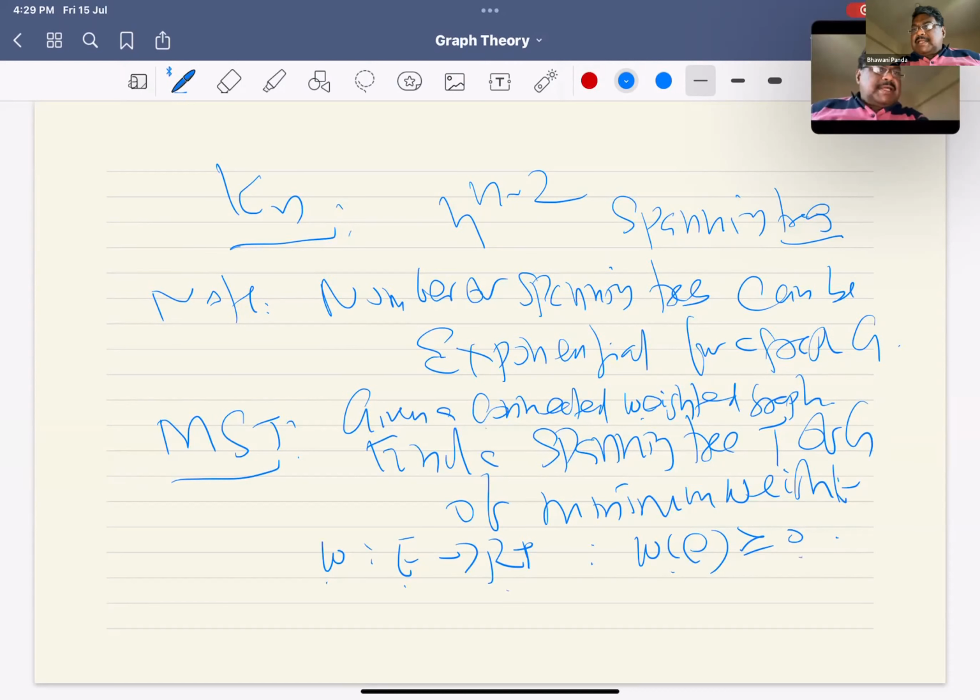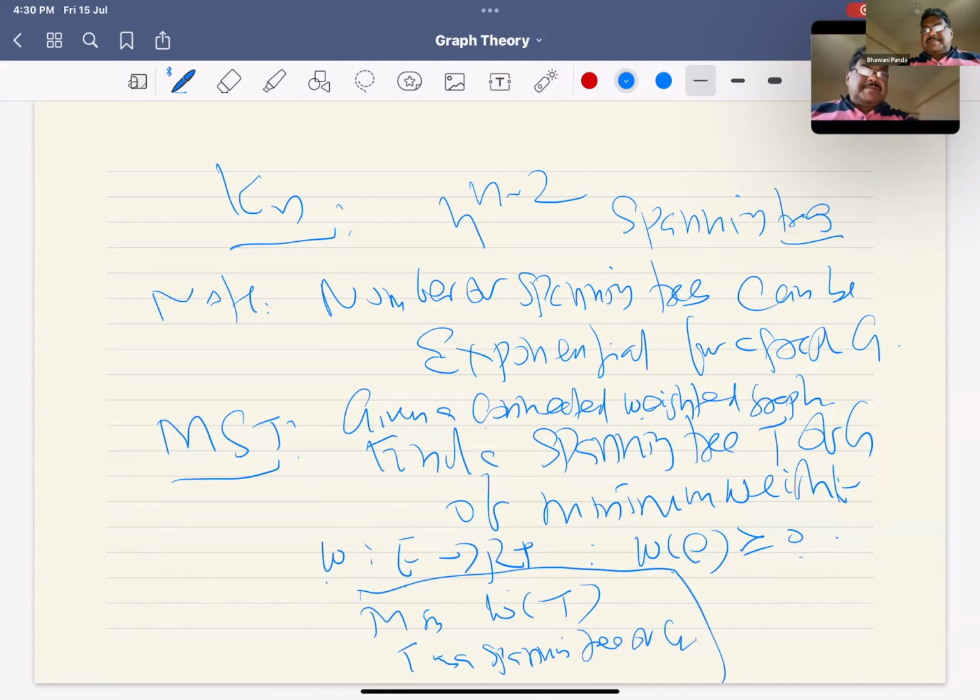Since the graph is connected, it has at least one spanning tree, and the number of spanning trees can be exponential. So you need to find a spanning tree T of minimum weight, that is, minimize w(T) over spanning trees T. This is the minimum spanning tree problem.